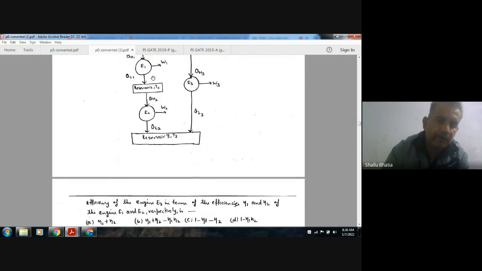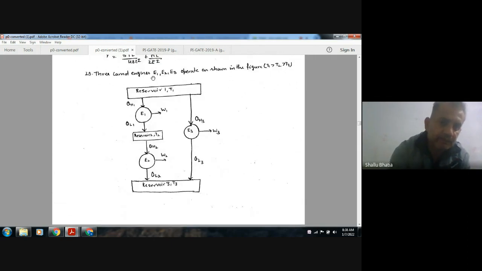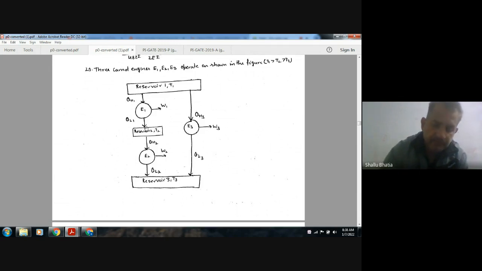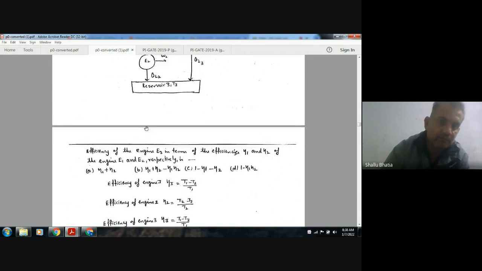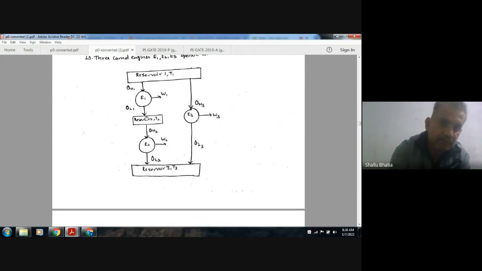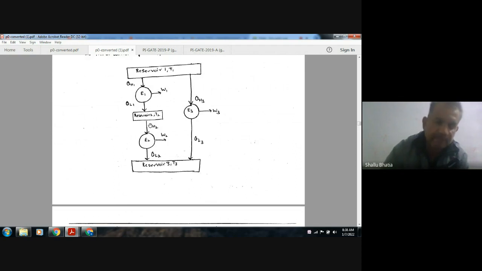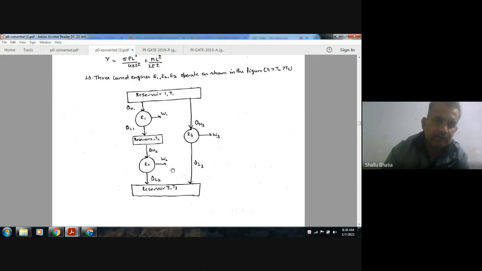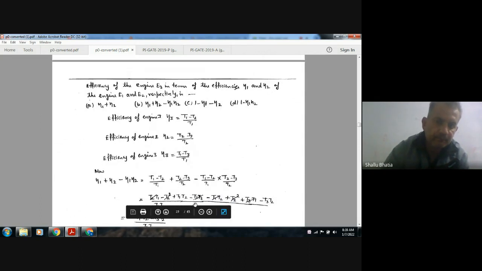If they are Carnot cycles, then the efficiency can be written as TH1 minus TL1 by TH1, that is T1 minus T2 by T1. Similarly, the efficiency of 2 is T2 minus T3 by T2, and the efficiency of 3 is T1 minus T3 by T1.